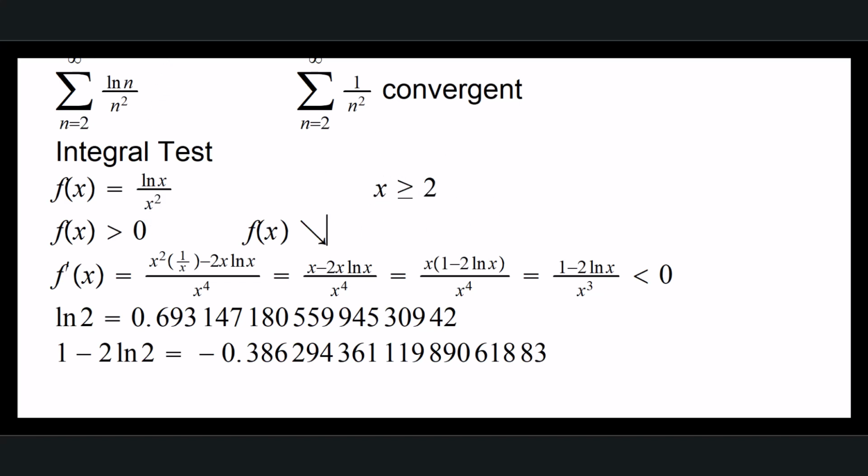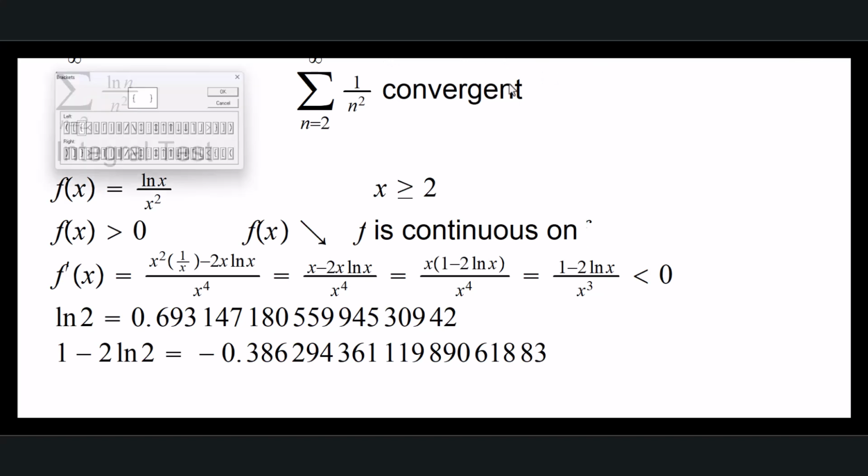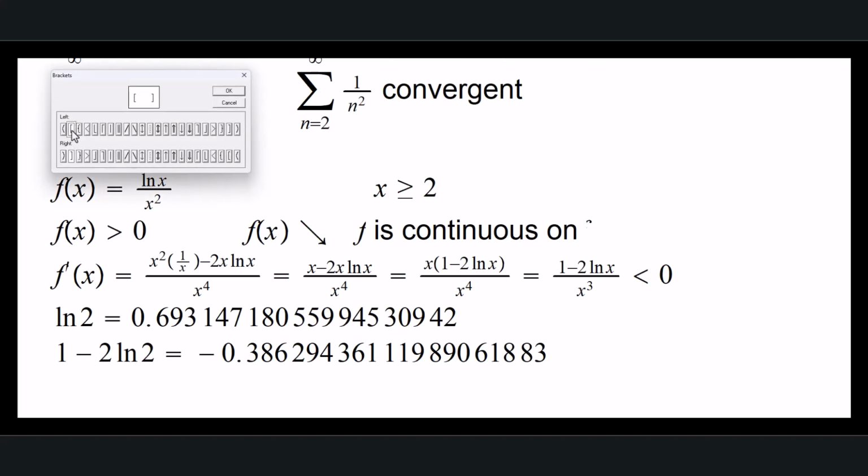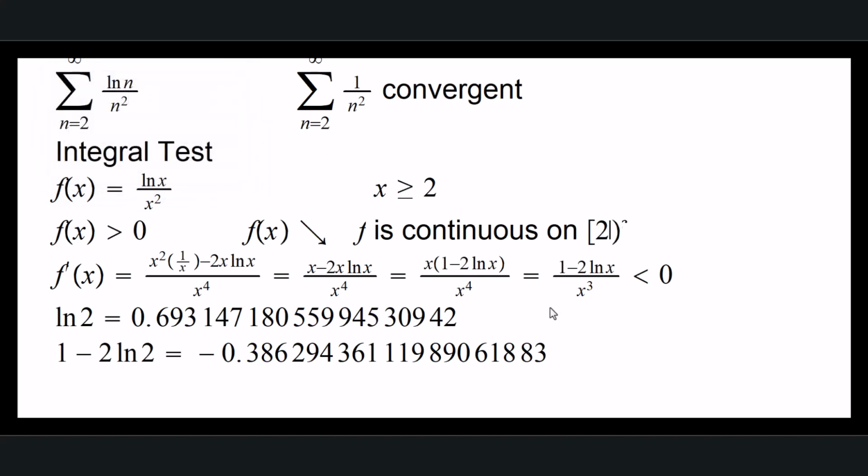So what we have is that f is continuous on 1 to infinity. Actually, it is continuous on 1 to infinity as well. But we chose to take this, so it's continuous on that.